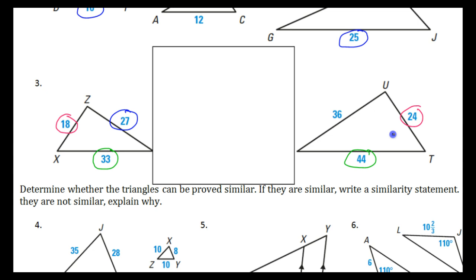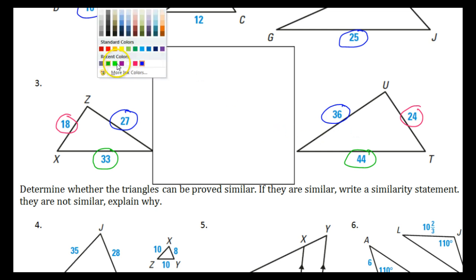But no. 18 is the smallest and 24 is the smallest, so they have to be corresponding. And that leaves the 27 and the 36 to be corresponding. So let's check these.